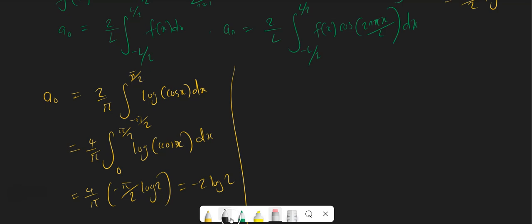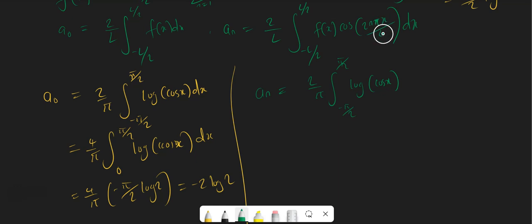So a sub n here is going to be 2 over pi times the integral from negative pi over 2 to pi over 2 of the logarithm of cosine of x.